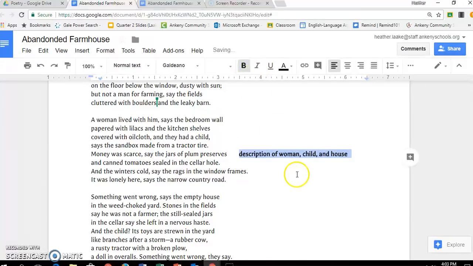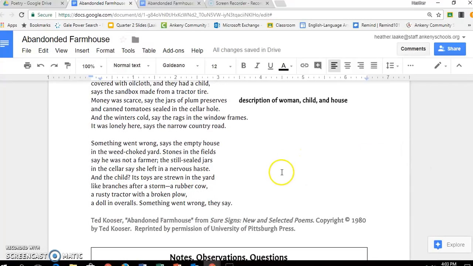I'm going to bold that so you can see that a little better. And then stanza 3, the literal meaning is that it basically describes an abandoned farmhouse. So description of abandoned farmhouse.